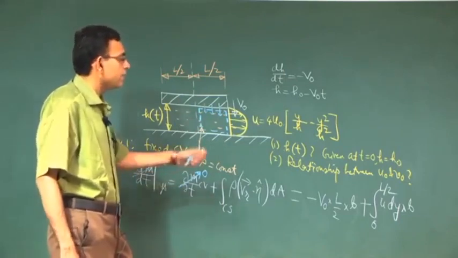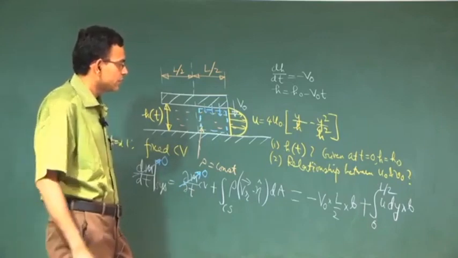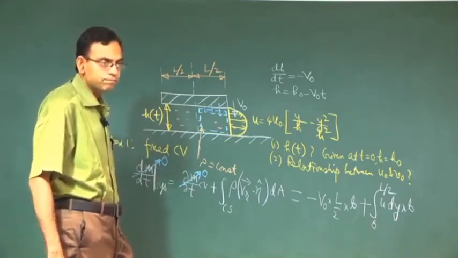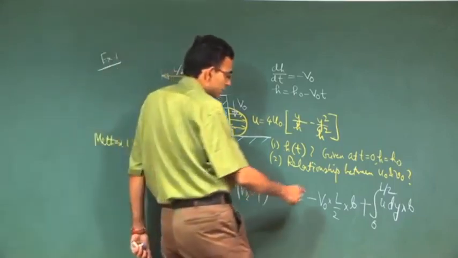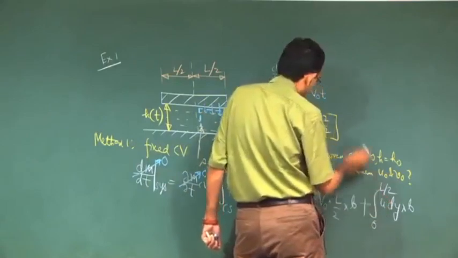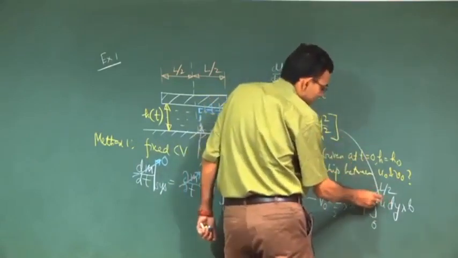So this will give you a relationship between U0 and V0, because this u you can substitute with this expression here.